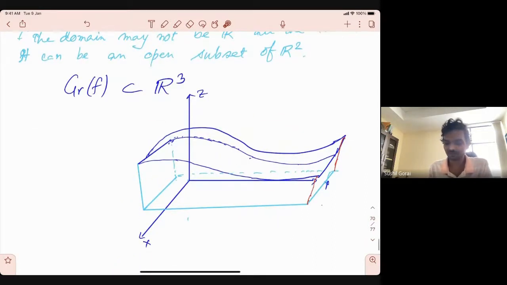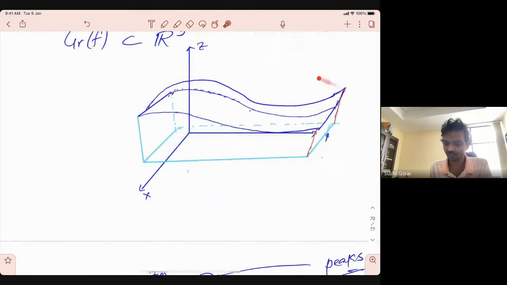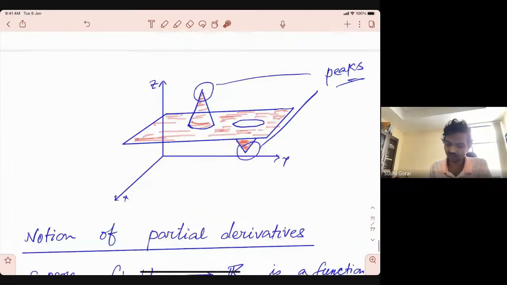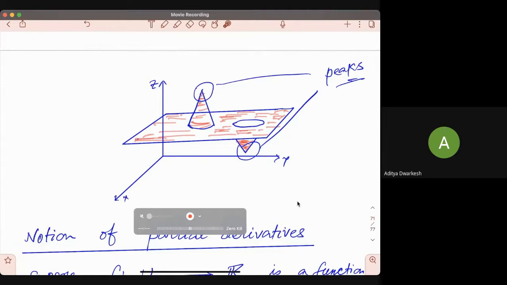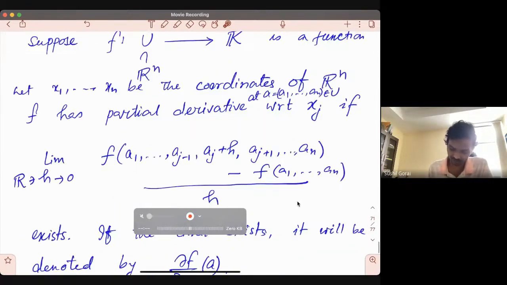So keep these two pictures in your mind: when the function is differentiable, you don't have any peaks, it's smoothly moving. When it is just continuous, not differentiable, you have peaks. All right? Does that answer your question? Yes, sir.